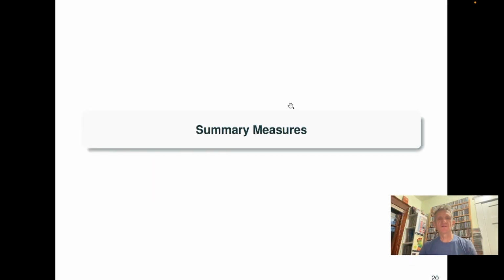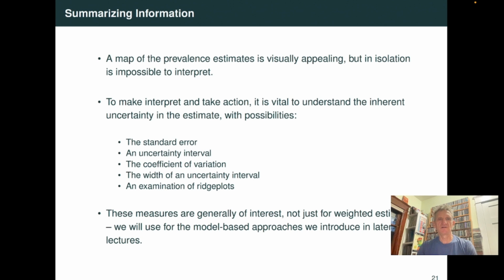After we have calculated our weighted estimates, there are various ways we can report them and their uncertainty. We all have to look at maps, and so a map of the prevalence estimate is what we'll probably look at first, but alone it can't tell us too much because we need to know about the uncertainty associated with each of the points that we're mapping. To make interpretation and take action, we have to understand this variation. There are lots of different ways we can think about that.